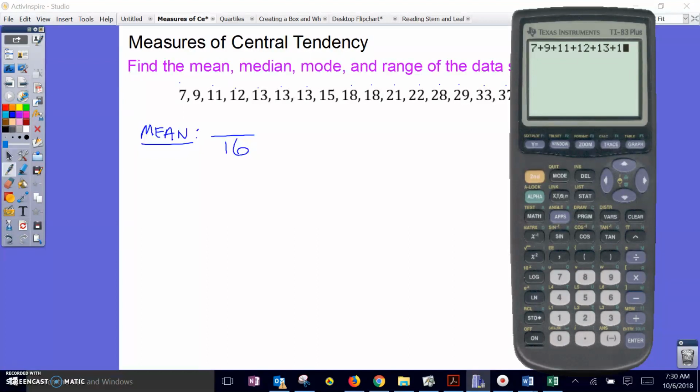13, 13, 13. And you want to make sure as you're typing these in, if you're using a calculator, that you don't accidentally enter any of the numbers wrong or skip any of the numbers in the list. So go back and forth between what you're typing in and the list, and make sure you don't accidentally type in a 2 when you meant to type in a 29.